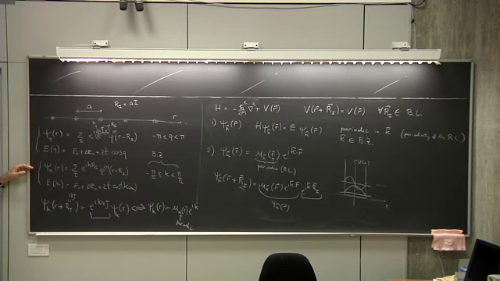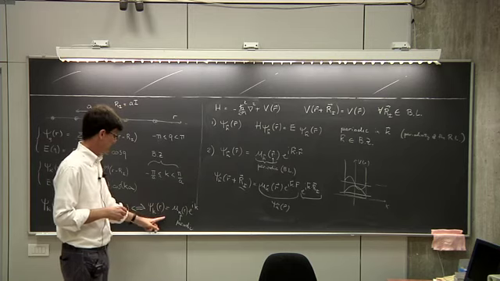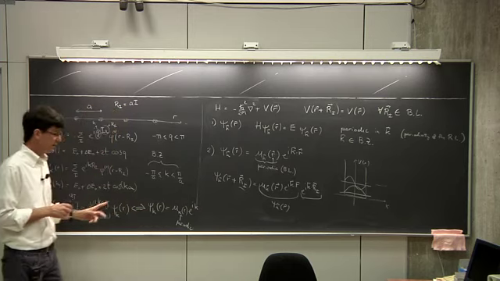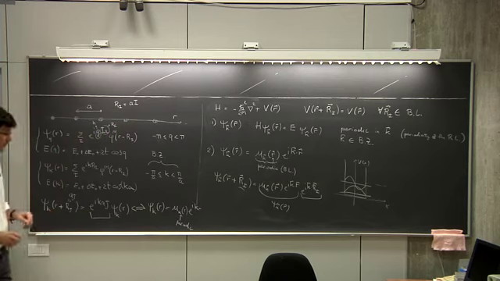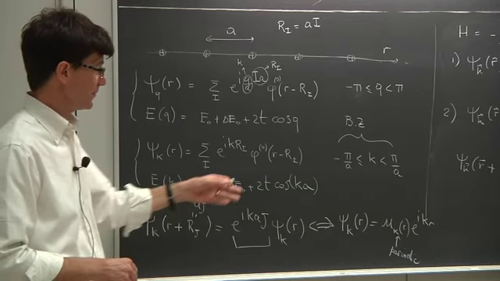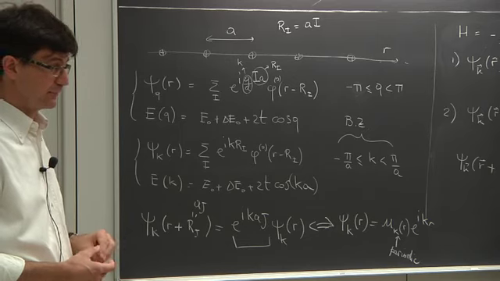The wave function itself does not change. Same here. You only have to think that k takes discrete values. That's the only consequence of taking these periodic boundary conditions with large n.